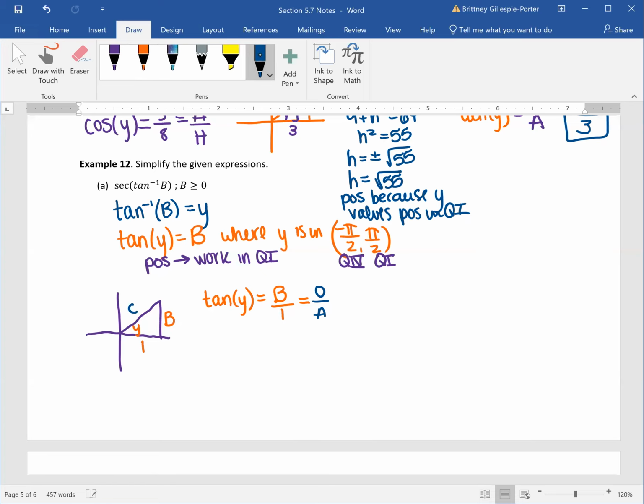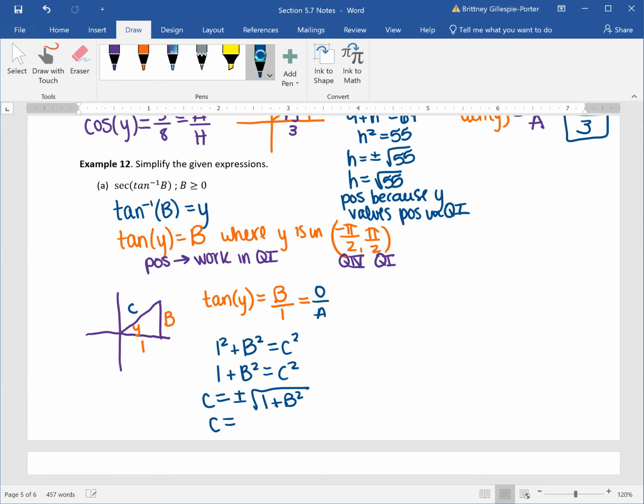C or R, you can name it whatever you want. I'm going to call mine C, which means that if we use the Pythagorean theorem, 1 squared plus b squared equals c squared. So 1 plus b squared equals c squared. Take the square root of both sides. We have plus or minus the square root of 1 plus b squared.